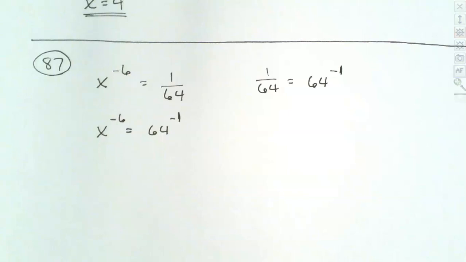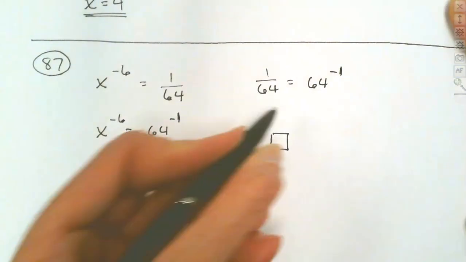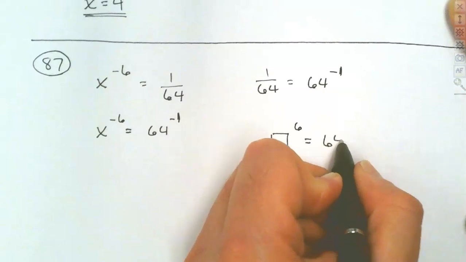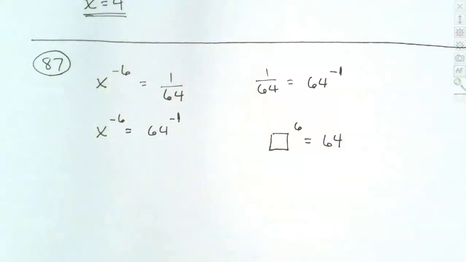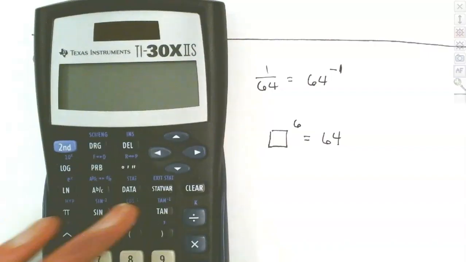Well, we need to now look at that 64. And we need to figure out what number raised to the 6th power is going to give you 64. Well, what about 2? You can use your calculator if you need to. Use the caret key. What about 2?